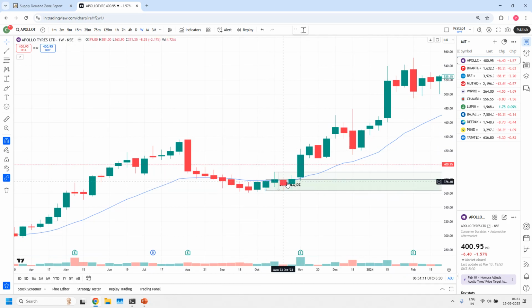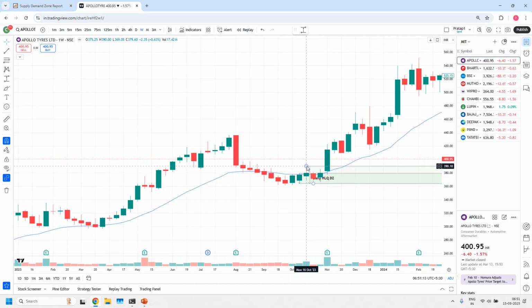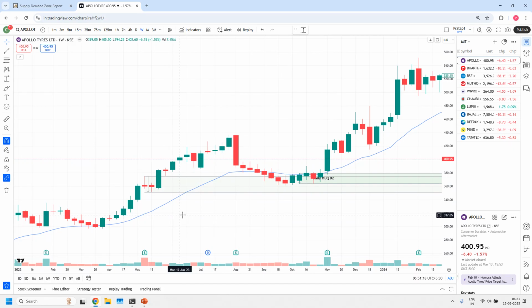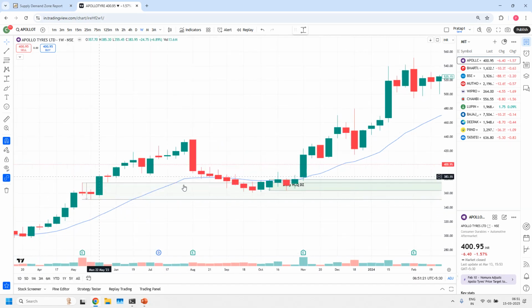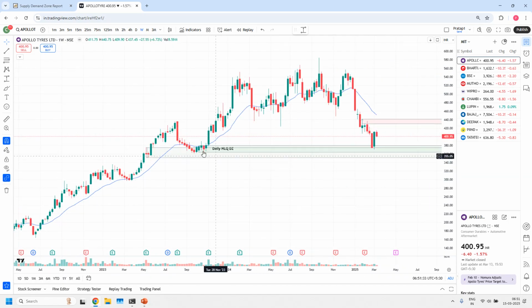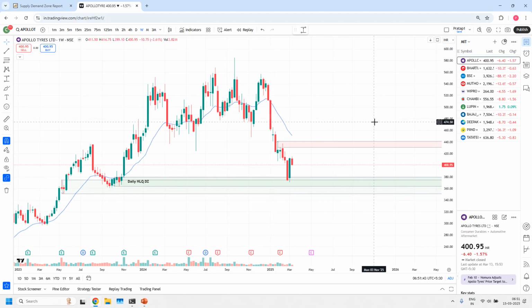Rally, 1, 2, 3, 4 candles. Or you can also say like this. This is also valid. Rally, base, rally. And this daily zone is overlapped with the weekly zone. So either way it is okay. And if you draw this rally base rally LOTL scenario, this zone is LOTL to the main origin. What is the main origin? This rally base rally. So that's why our software identified it.